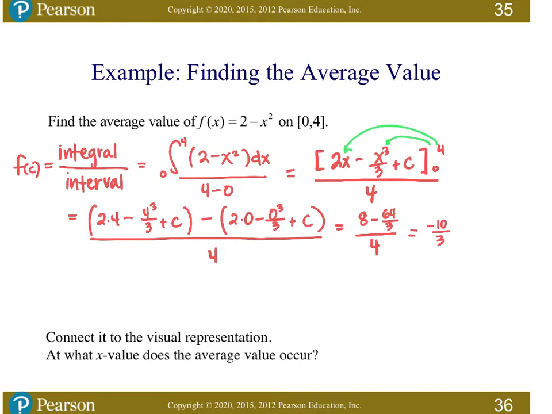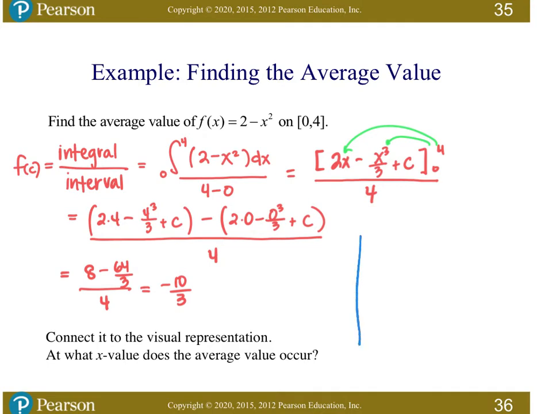Okay, now connected to the visual representation. So let's see, what does this mean? What does it look like from a visual standpoint? Okay, I moved a few things so that we have a little bit more room to work. So I'm going to draw or sketch 2 minus x squared, that's a parabola.